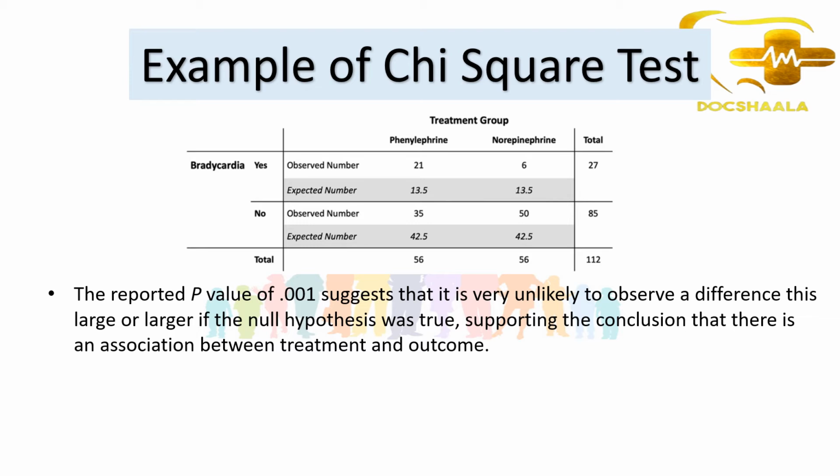If it were 13.5 in the observed number here and 13.5 here, it would have become 0, and the test would have told us that what we hypothesized is correct. But here the observed numbers have changed, so the null hypothesis becomes false, supporting the conclusion that there is an association between treatment and outcome.